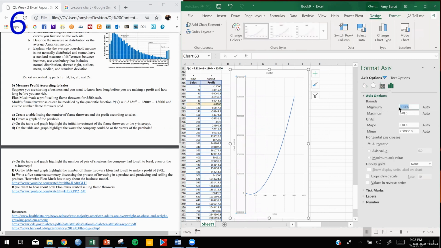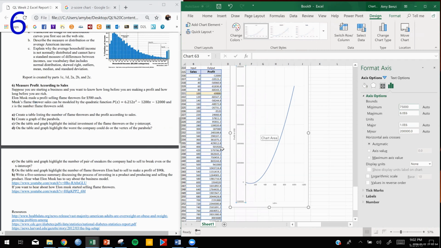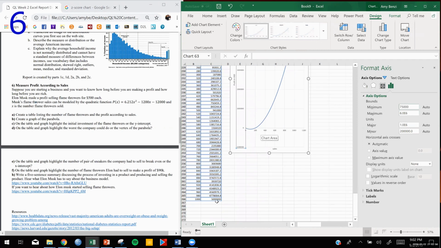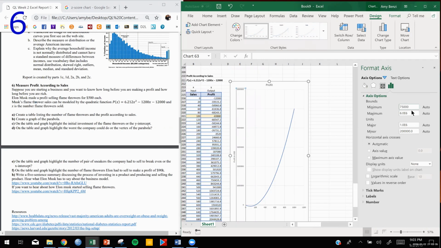And my minimum is now going to be about 75,000. My maximum, well, I do go awfully high here. We go all the way to 5 million, but I'm not going to go to 5 million. I'm just going to go to, let's just go to a maximum of 100,000 because we want to be able to see what's on this graph.